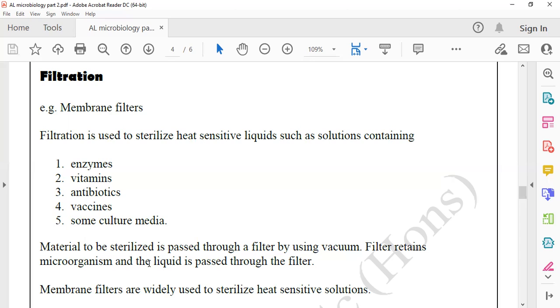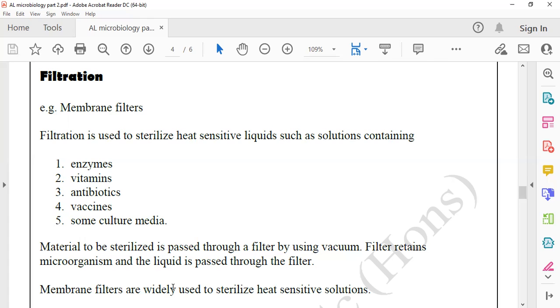To make it a little faster, the filtering unit will be fixed to a vacuum pump. That vacuum pump will be slightly applied, so it will be sucking the liquid. So little by little, it will be pulling the liquid out. Then only it will be a little faster.